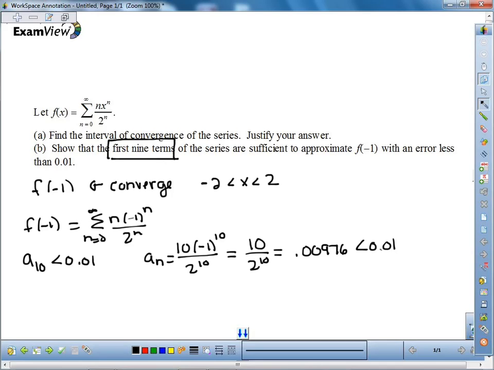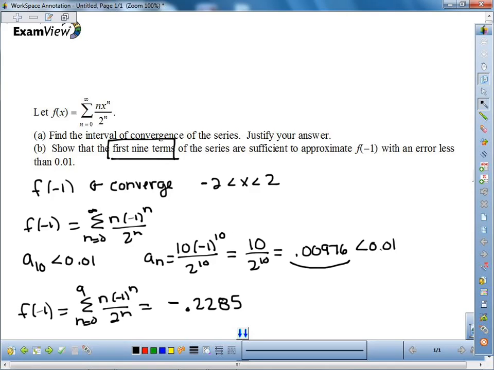To find this, I just have to sum the first 9 terms. If I do that using the calculator, the sum would be negative 0.2285, and there's going to be an error of 0.00976.